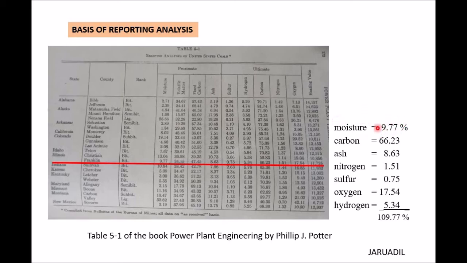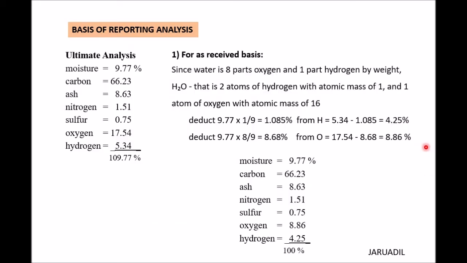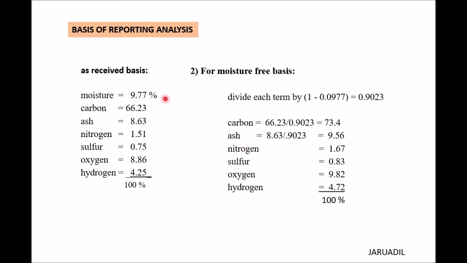So yung oxygen and hydrogen content of the fuel is this one actually, pero yung iba nito ay nasa moisture, na-convert sa moisture. So 100% yan. Then from as received basis, makukuha naman natin yung moisture-free basis.